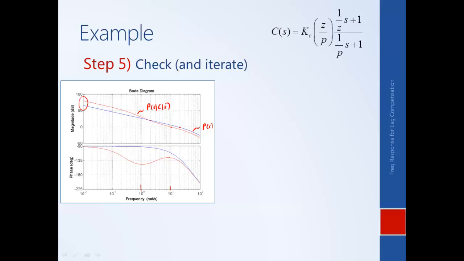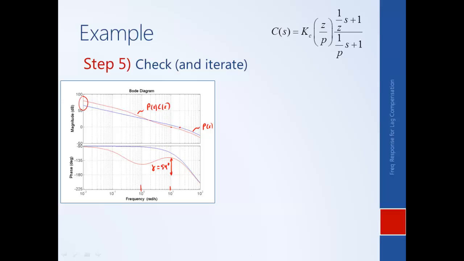If we look at what the actual phase margin is, we look at the gain crossover frequency, and we see where the phase is relative to minus 180 degrees. We see that the phase margin is approximately 54 degrees. So this is a little bit smaller than we were shooting for. We were actually shooting for 60 degrees.